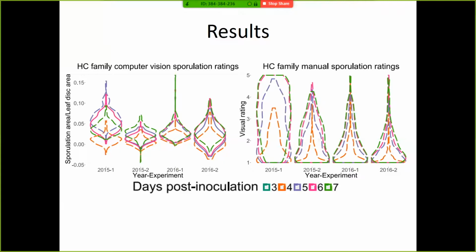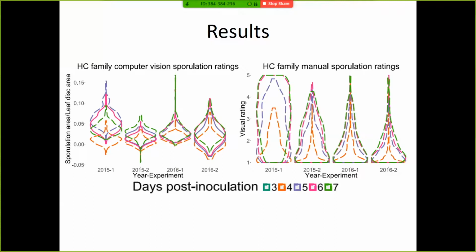And so you could see that it's not as clear in the computer vision distributions, that there's a general trend of increasing percent sporulation. However, it's not as clearly defined.